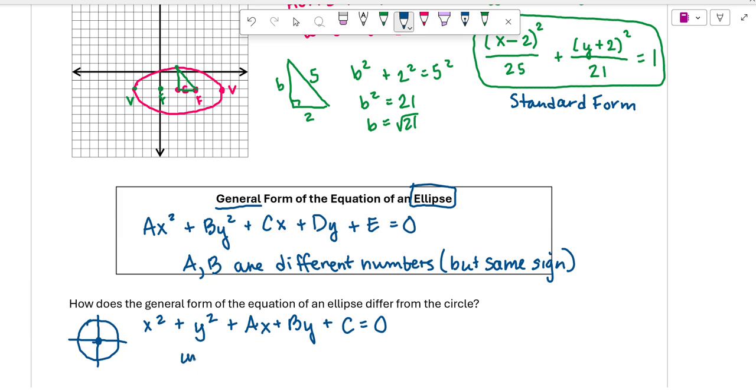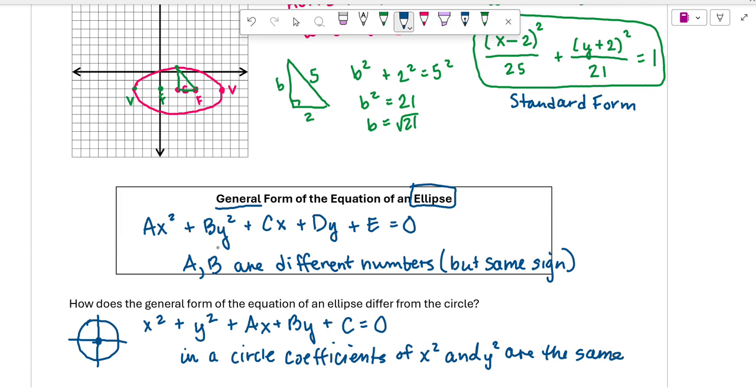So basically, in a circle, the coefficients of x squared and y squared are the same. You can always divide them until they are equal to 1. But technically, they could be the same number, any number, and then you would simplify so that they were 1. All right.